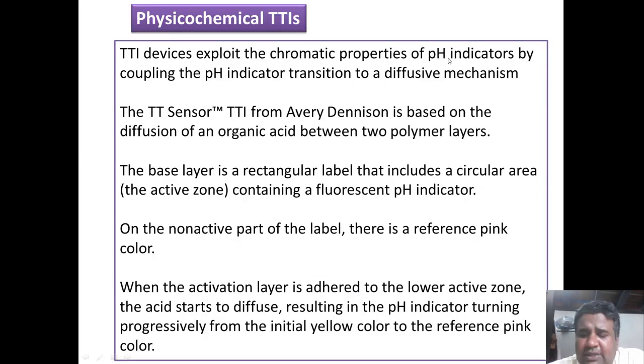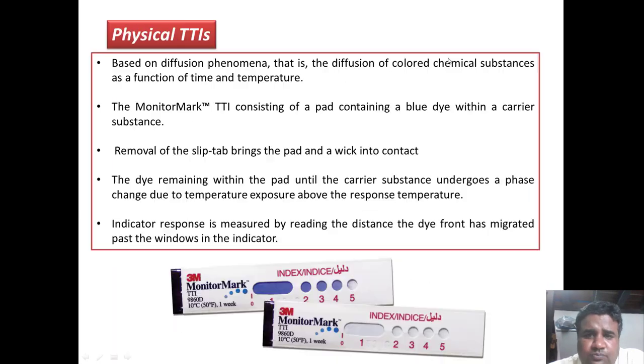Chromatic properties of pH indicators. As I said, in case of physicochemical indicators, there will be a pink ring outside this hole. As the temperature rises, this acid diffusion will start. In place of dye, there will be a diffusion of acid.